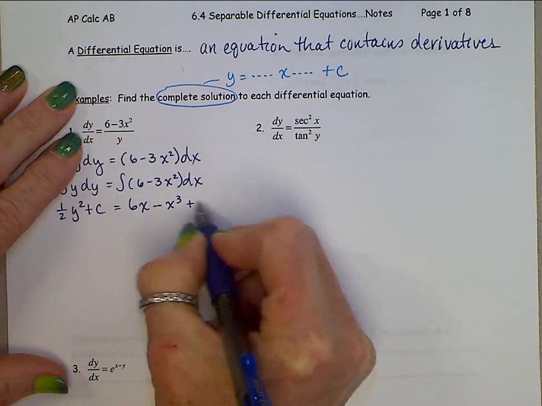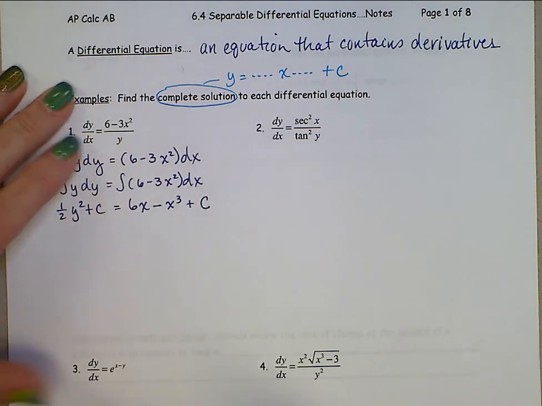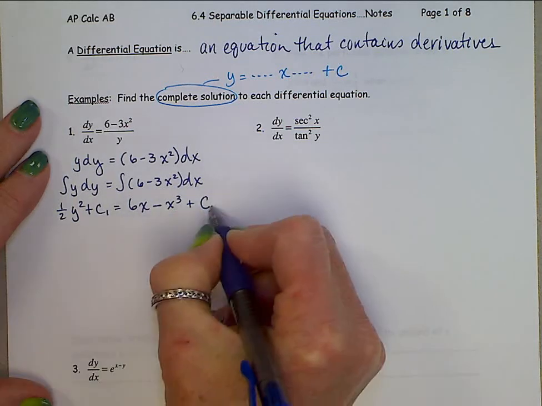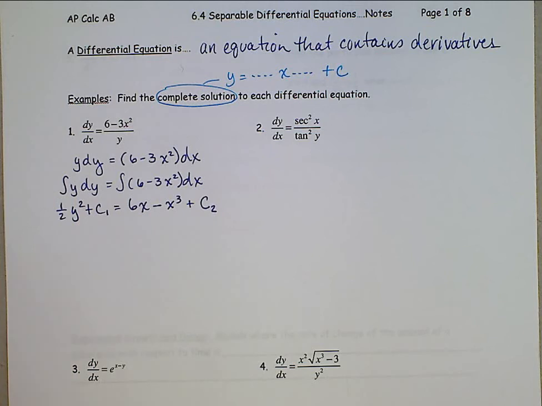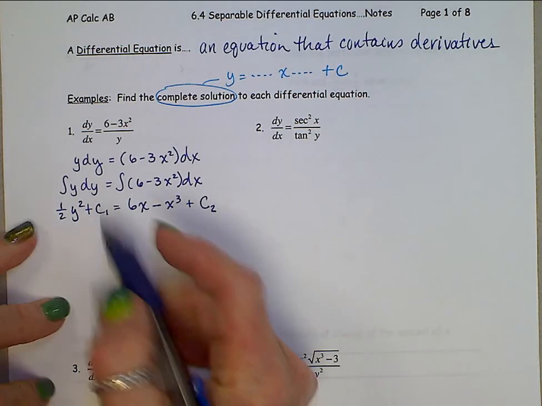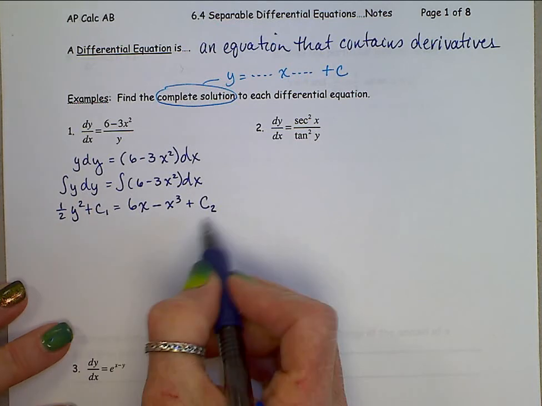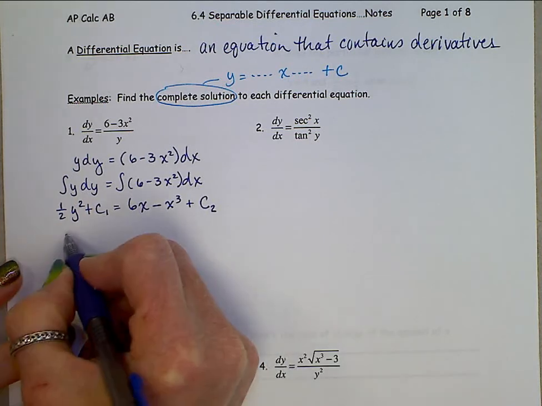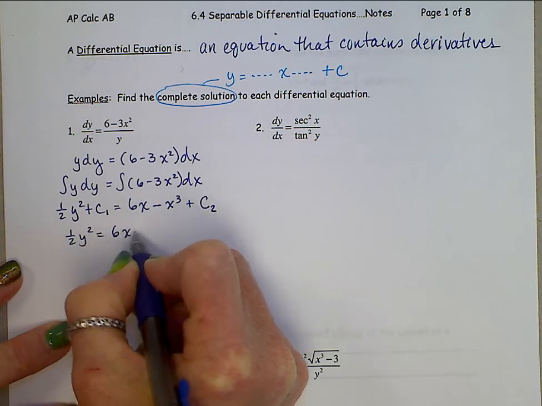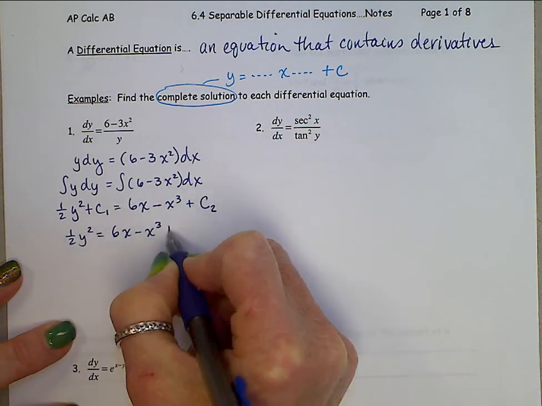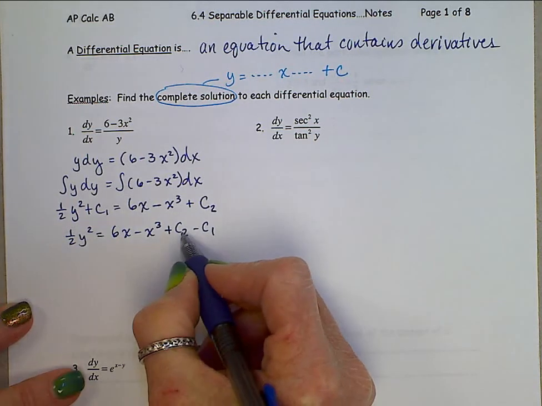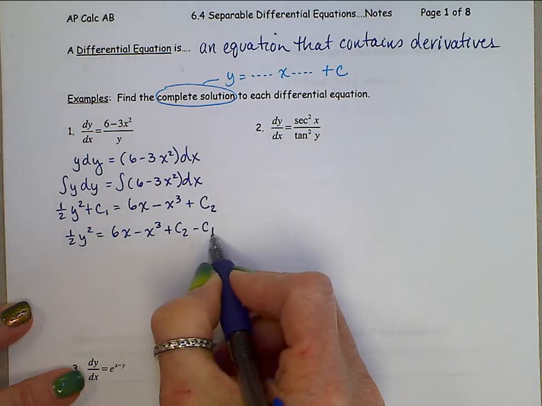plus a c. These c's are not the same thing, so we do need to differentiate between the two of them. One of them is c1, one of them is c sub 2. Then solving for y, if possible, let's subtract this c1 over, and we have 1/2 y squared is 6x minus x cubed plus c2 minus c1. But c sub 2 minus c sub 1 is a different constant.